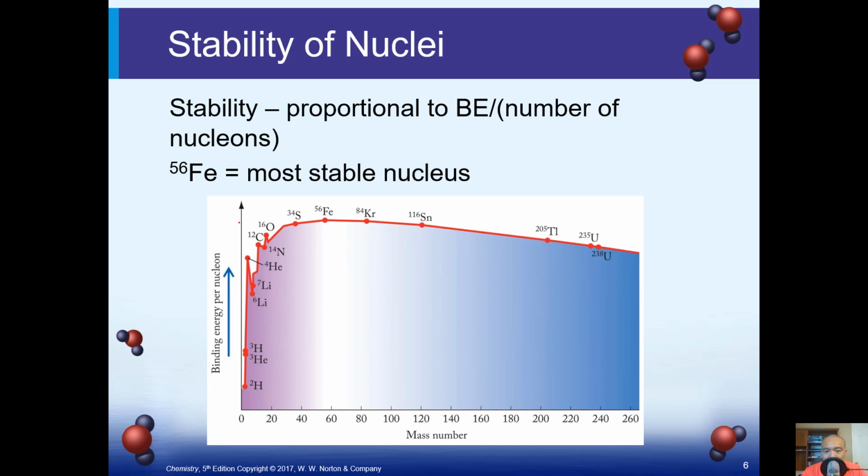For example, the binding energy calculated previously for the helium nucleus would be divided by 4. The binding energy calculated for the nickel-60 nucleus would be divided by 60 because there would be 60 nucleons inside that nucleus.